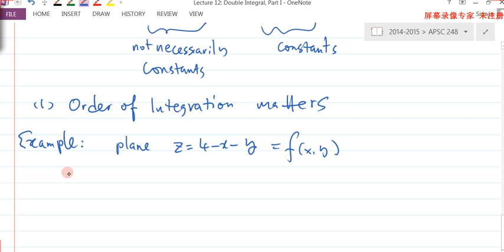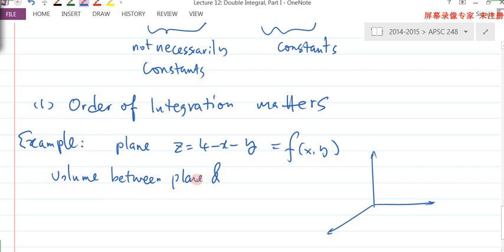Can you find basically the volume? If I draw it out, here is the plane. Find the volume between this plane and a region R, and region R is defined by x between 0 and 2, y between 0 and 1.